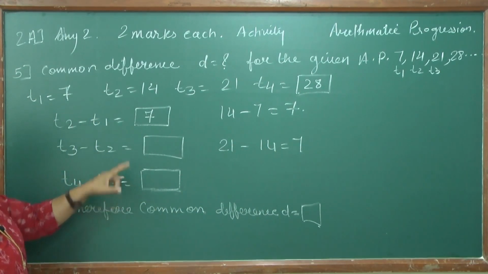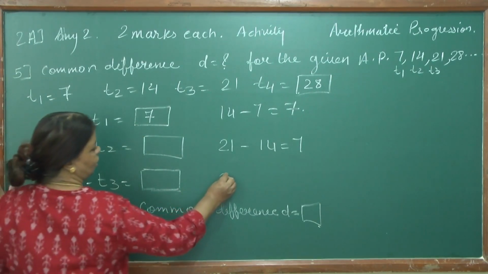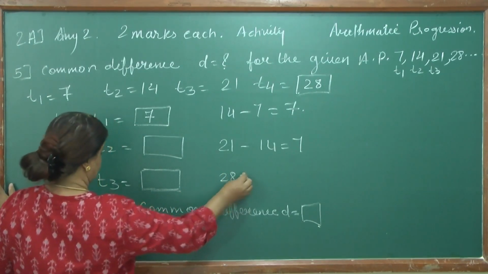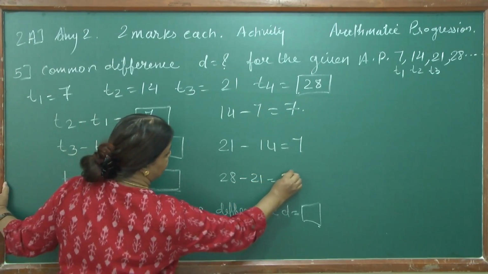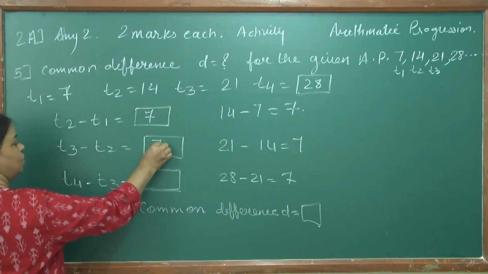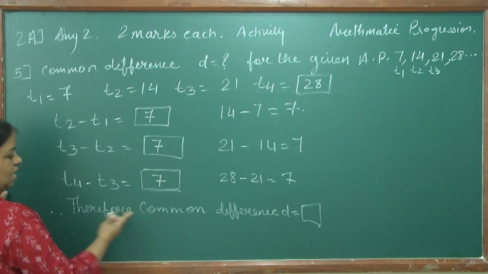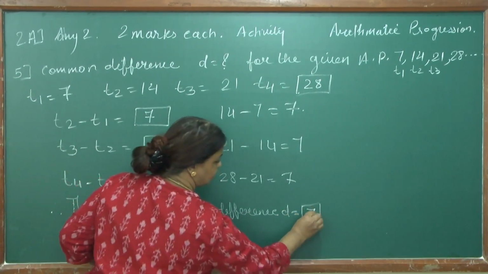T4 minus T3: T4 is 28, 28 minus 21, that would be 7. So here also we got 7. Therefore the common difference is 7, children.